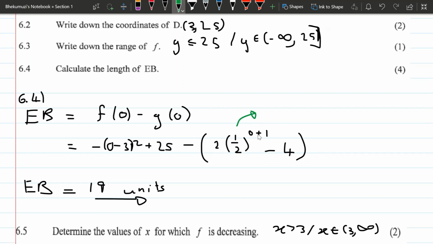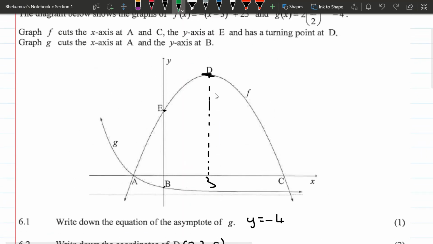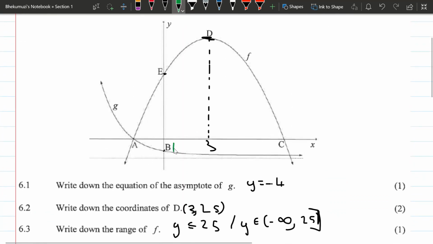So this is going to be half times 2, which is just 1, minus 4, sorry, that would give us minus 3. So we know that for point B, it's 0 maps to minus 3. So we have that point, but now we need to find the average gradient.